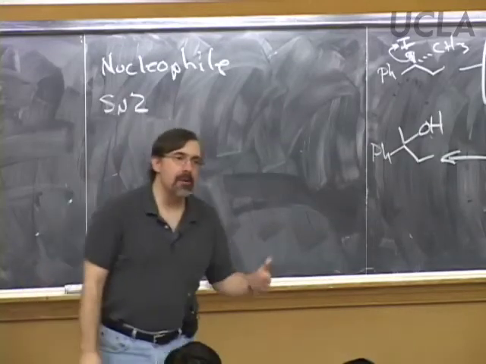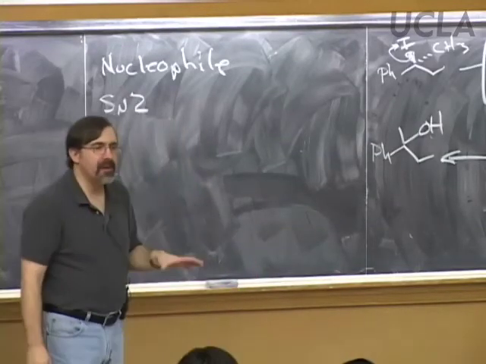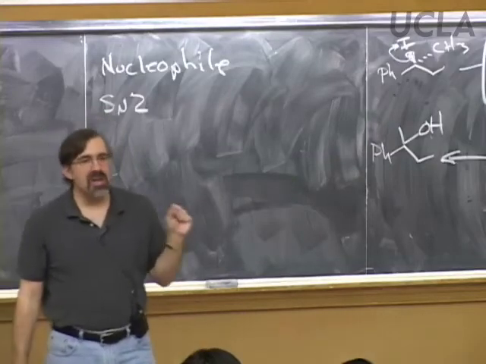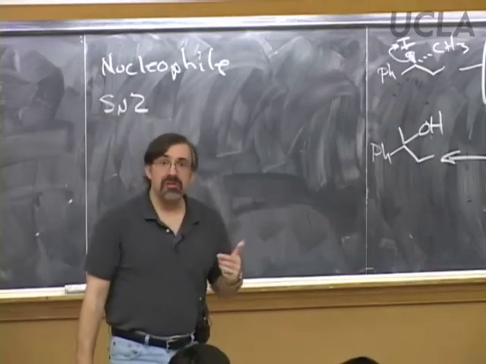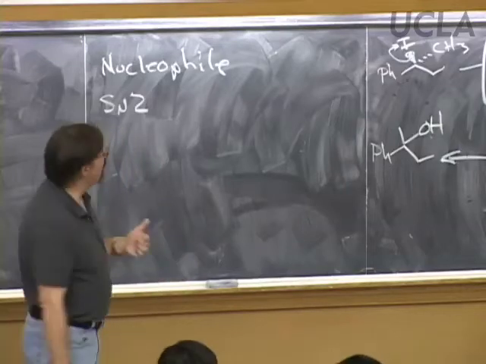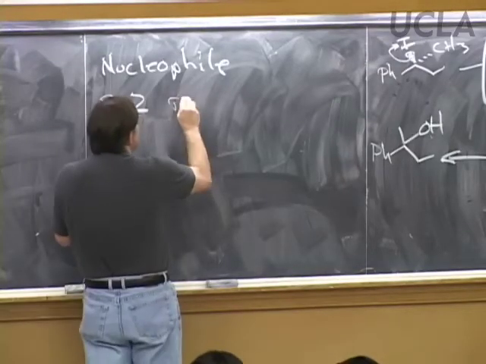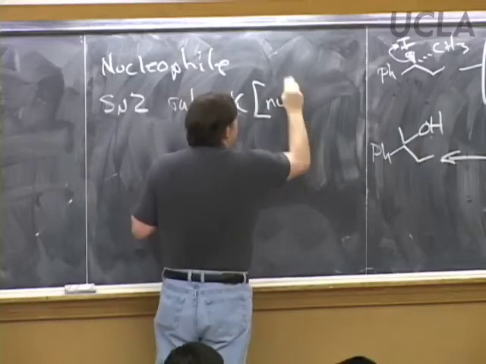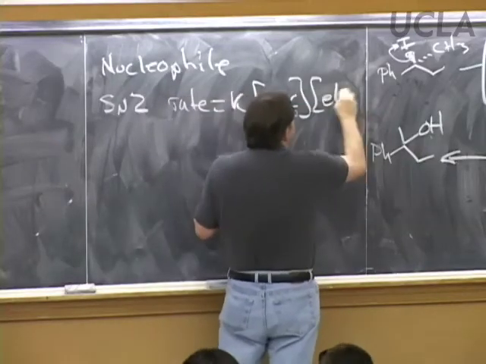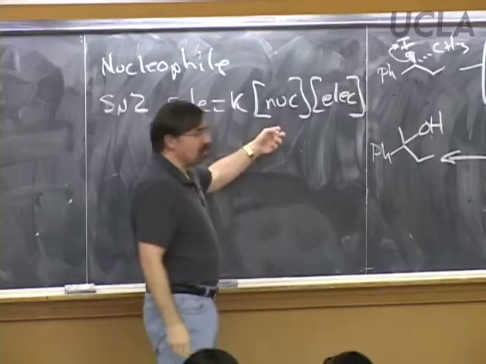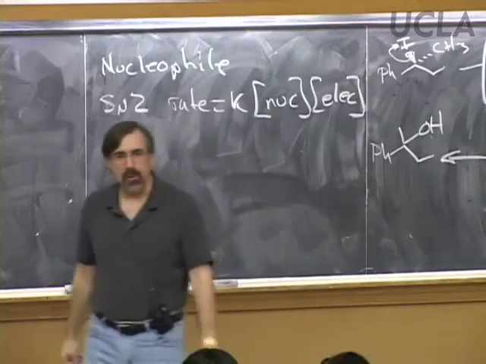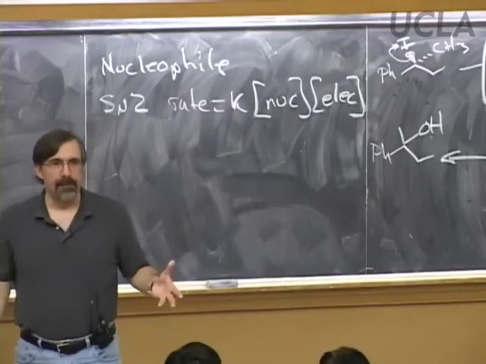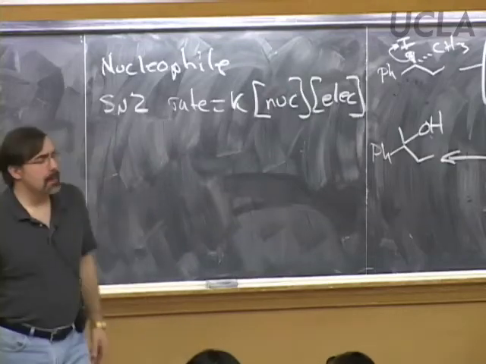Making the nucleophile better makes the reaction go faster, but even more fundamentally, we can simply tell from the rate expression that changing the nature of the nucleophile has an impact on the reaction because the nucleophile is involved in the rate expression. Rate equals k times the nucleophile and the electrophile. So this says not only if we change the concentration of the nucleophile, but we change its effectiveness, the rate is going to be influenced.